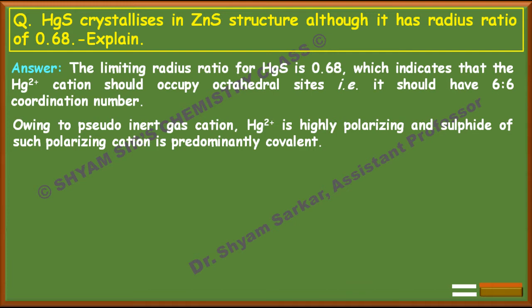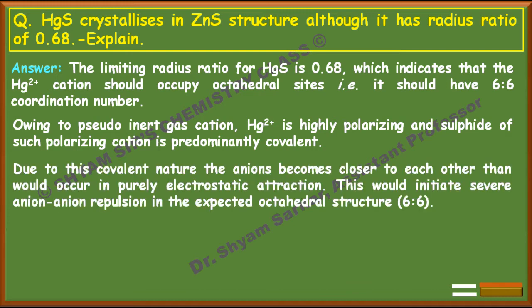So Hg2+ is a highly polarizing cation, and sulfide of such a polarizing cation is predominantly covalent. So this type of compound is becoming predominantly covalent rather than ionic. Due to this covalent nature, the anions become closer to each other than would occur in purely electrostatic attraction.